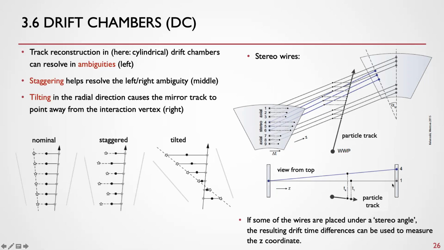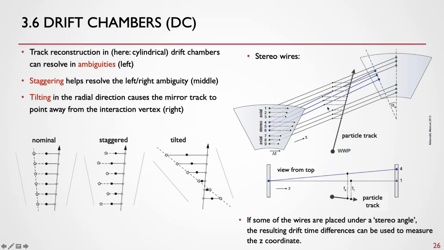The Z direction is the beam direction, and a few of the wires are displaced a little bit. Now the timing measurement from the displaced wires gives you some information on the Z coordinate.